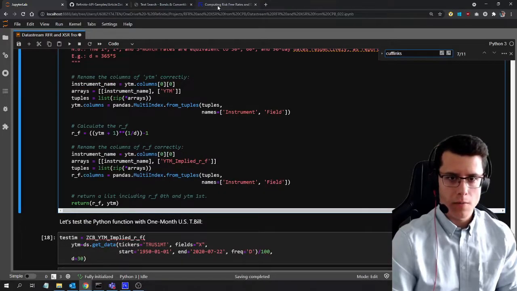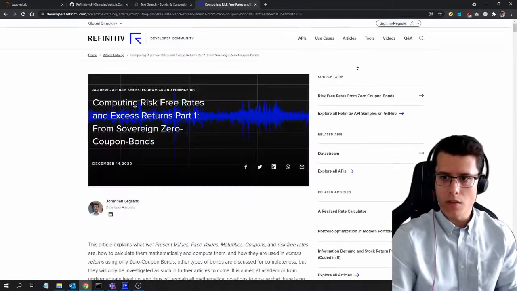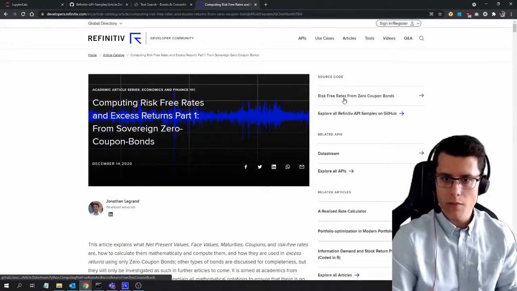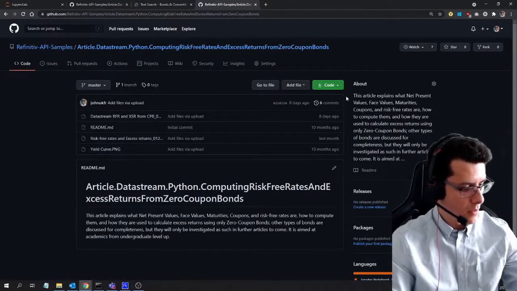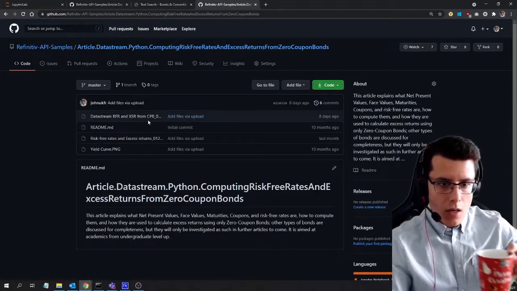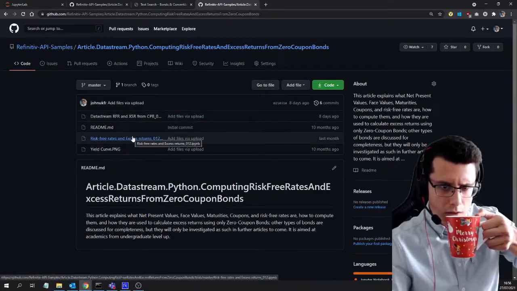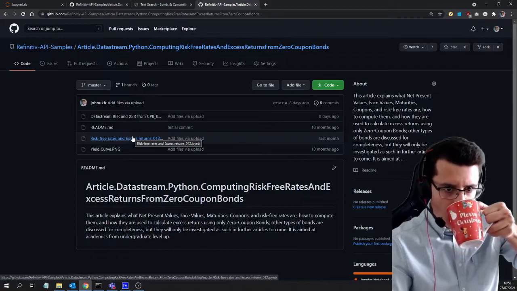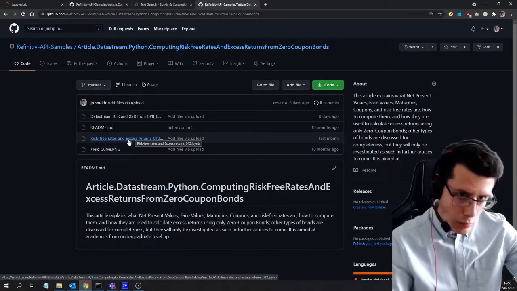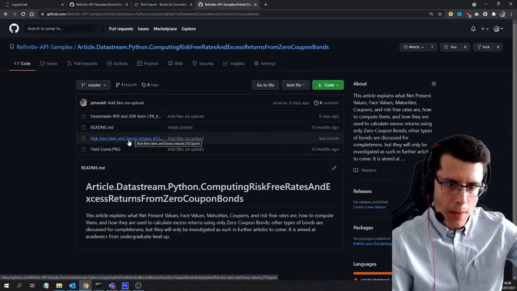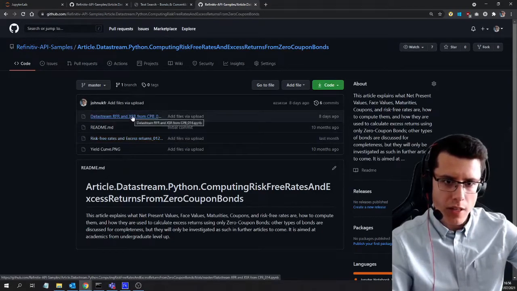Let me check that this is the correct function. So if I go up there for my source code, by the way, there is source code with all of our articles. So I'm just going to have a look at mine. Hopefully it's going to load. Sometimes it's very capricious on GitHub. Version 12. Oh yeah, this was the previous one.